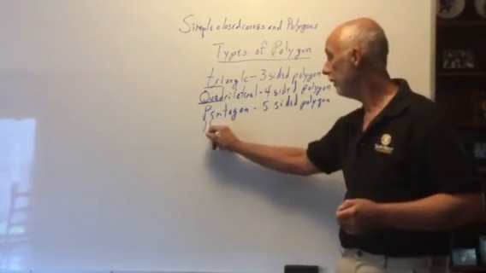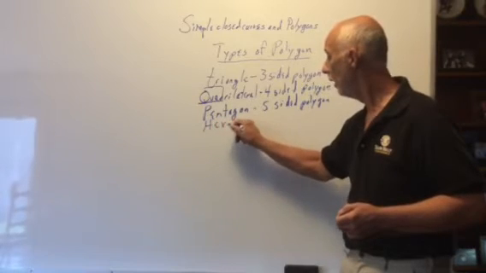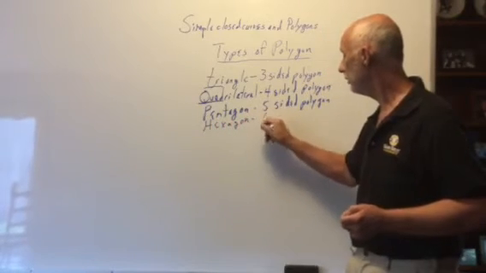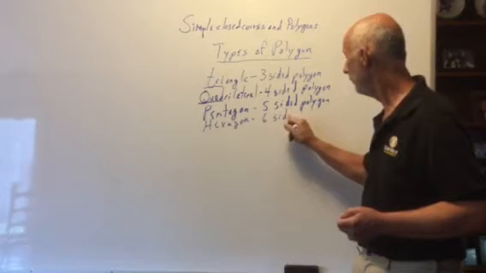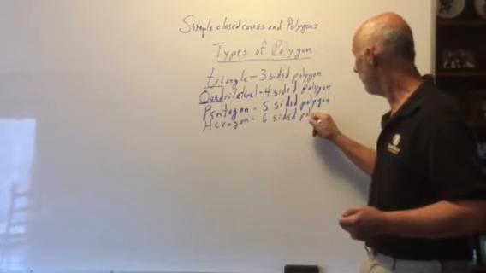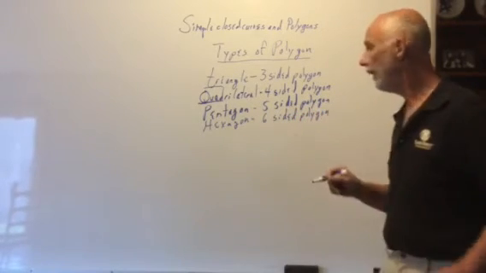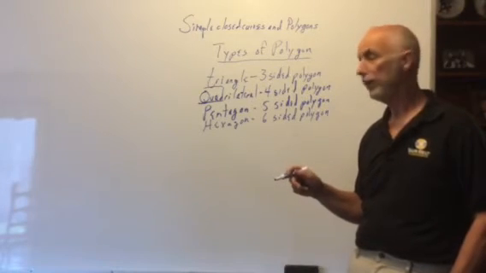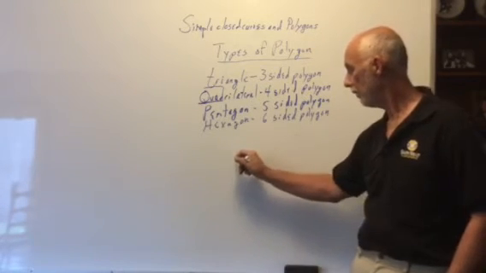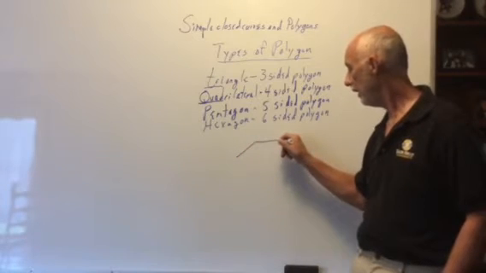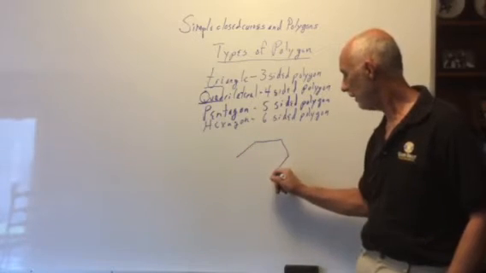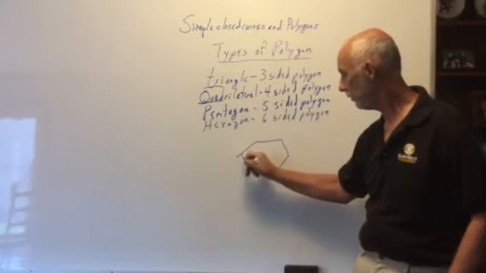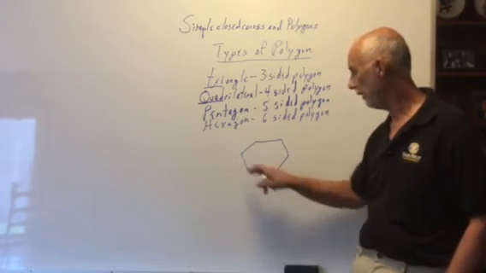The next one we need to know is a hexagon. And a hexagon is a six-sided polygon. If you want to remember that one, maybe before you worked on your bike, or maybe you helped your dad with the car or around the house, you might have heard something called a hex nut. And a hex nut looks like this. Actually, if I could draw it, it looks like that.